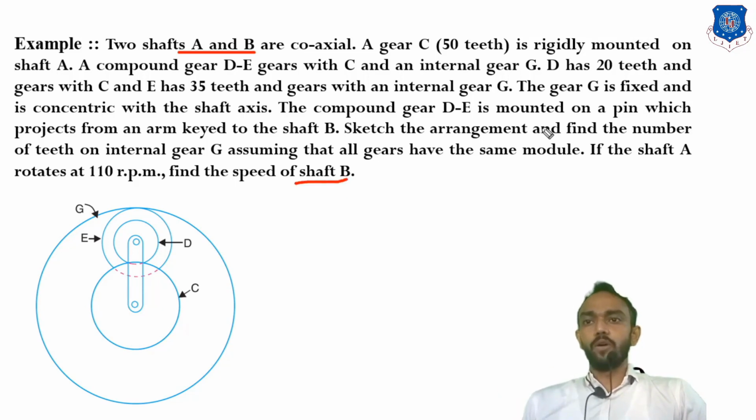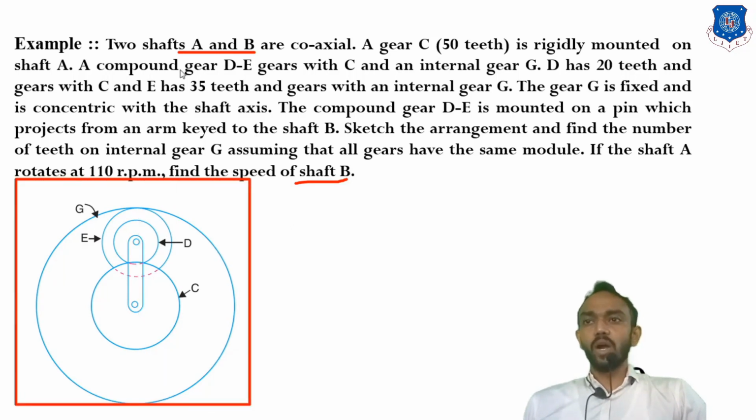First of all, we want to make this figure. So you can see C is at the center, C is connected to D, D and behind it E, and E is connected to G. So first of all, we will make the table for this figure without reading other data. Okay, let's start to make the table.